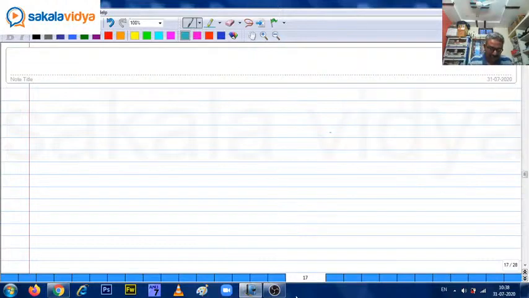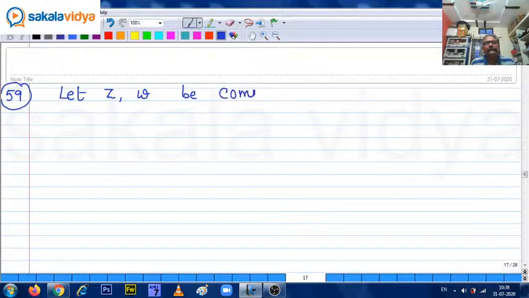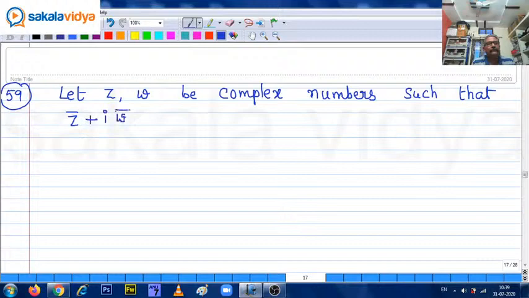Now 59th question. Let Z, omega be complex numbers such that Z bar plus I times omega bar equals 0 and arg of Z times omega equals pi.